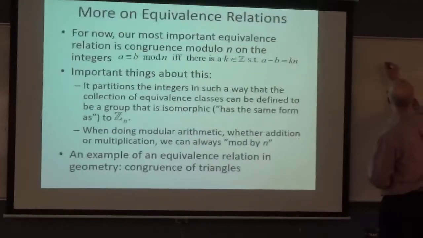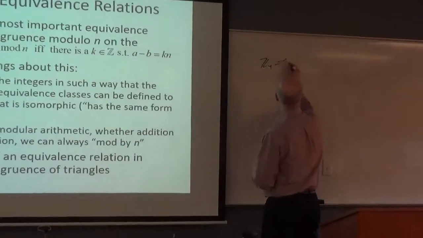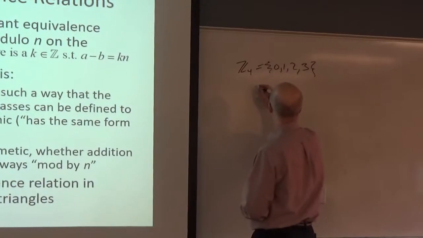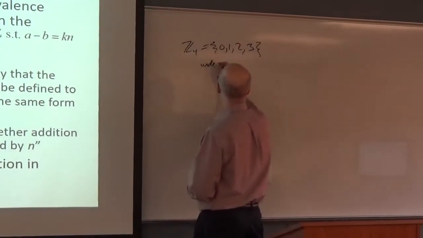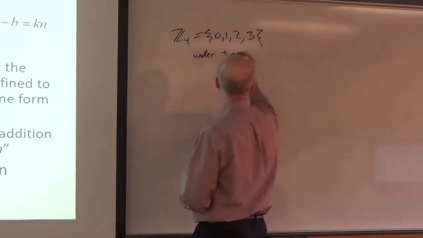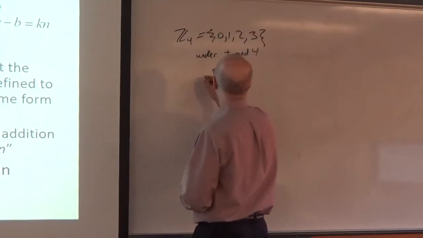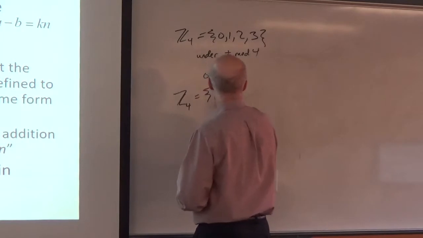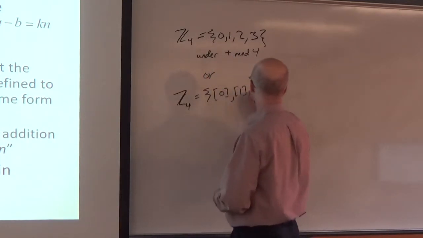Essentially, you can think of, for example, Z4 as being either this collection of 4 symbols, 0, 1, 2, and 3, under addition mod 4. Or you can think of Z4 as being a collection, not really of numbers, but of equivalence classes of numbers.